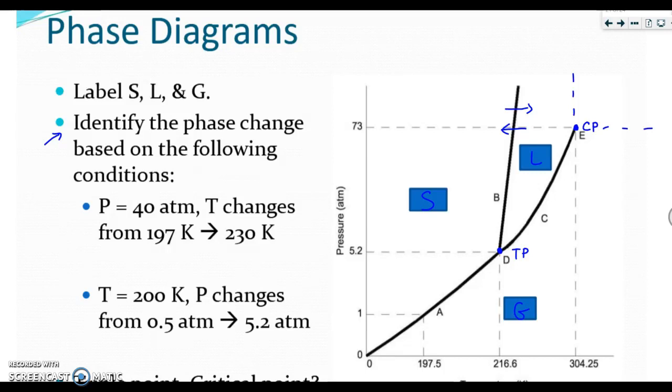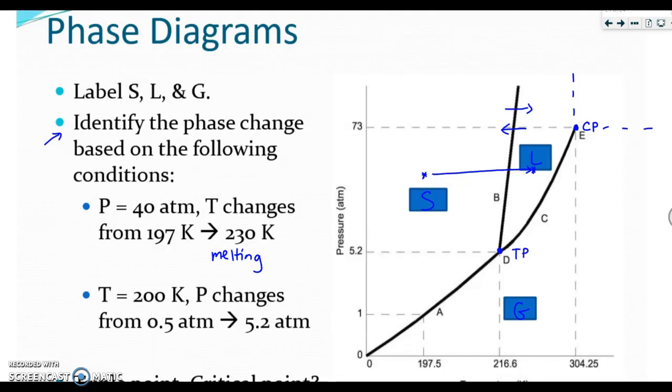And then it tells us that our temperature changes from 197 to 230. So if we assume that it starts right about there, and then it's going to end up going to about 230, it's going from solid to liquid. So it's melting.